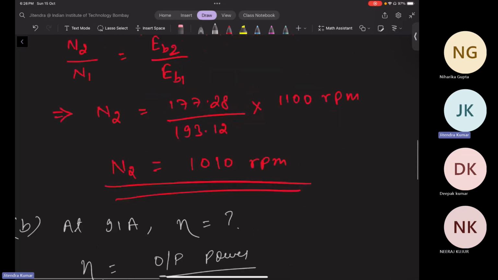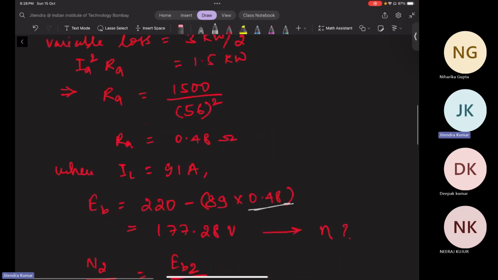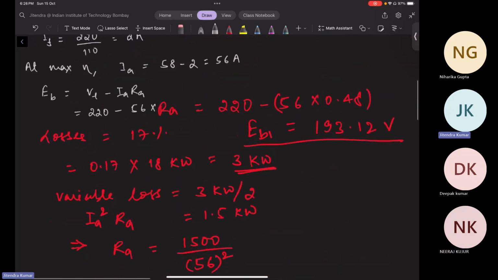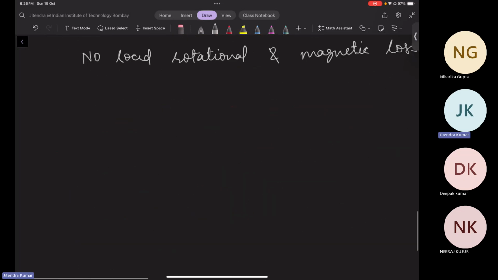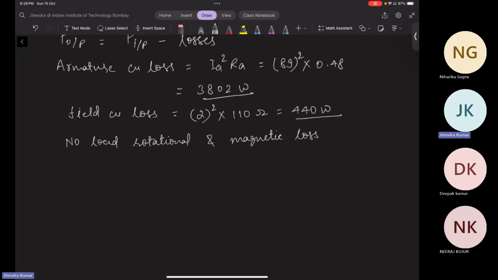Exactly, it will be equal to 50% of whatever we calculated in the first case. So 3 kilowatt was the total losses. We divided it, and 50% we accounted for variable losses. The other 50% will be for constant losses, and those constant losses will be accounted for no load rotational and magnetic losses. So it will be fixed. I hope everyone got it. So it will be equal to 1.5 kilowatt.